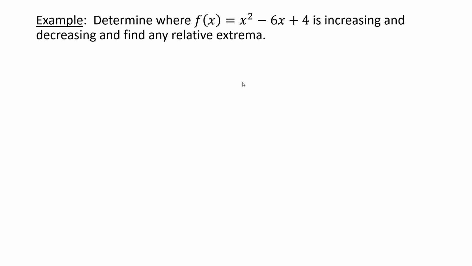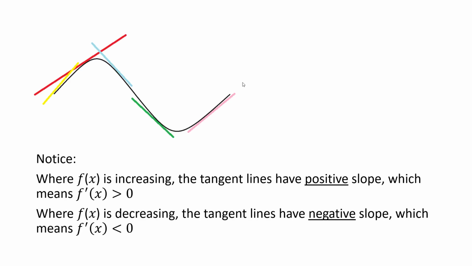All right, so what are the important things here? I'm going to break this down into a 5-step process. Well, we said that your function can only change from increasing to decreasing or decreasing to increasing at these relative extrema, which are where the derivative is 0 or undefined. So here I'm increasing.